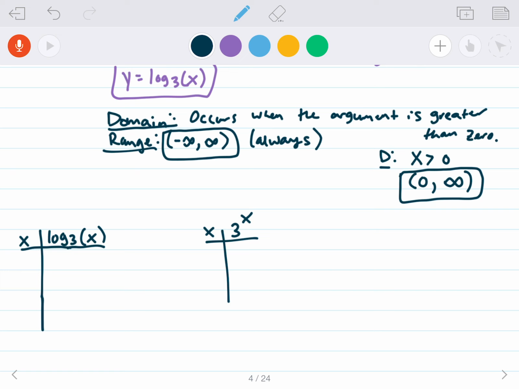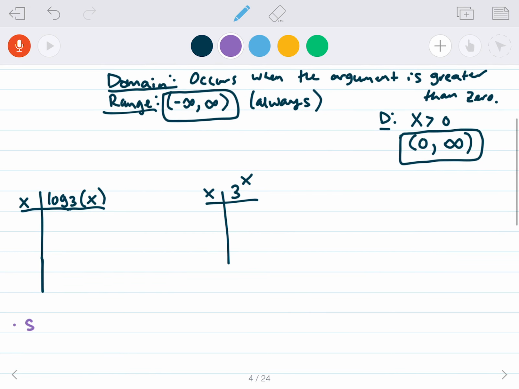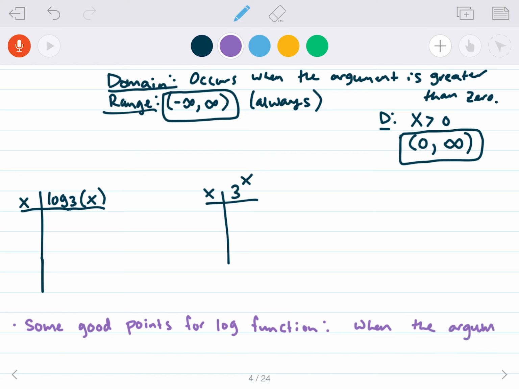Some good points for the log function: when the argument is 0, that is the vertical asymptote.